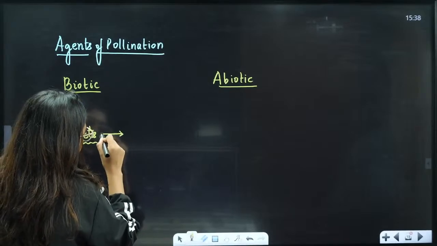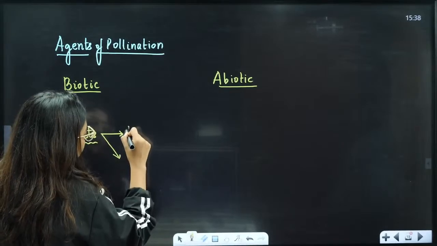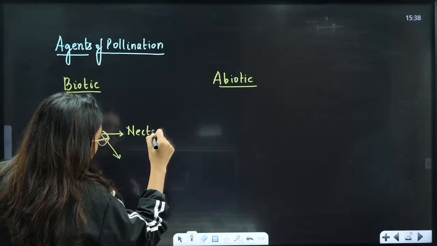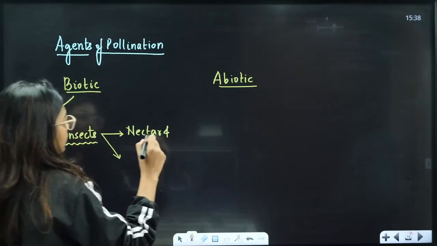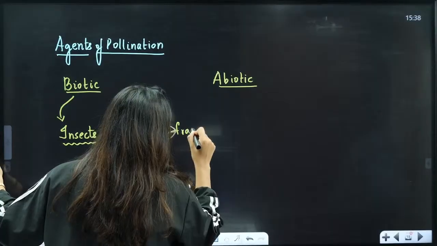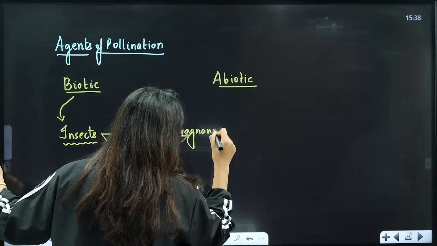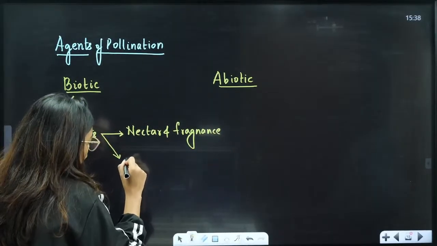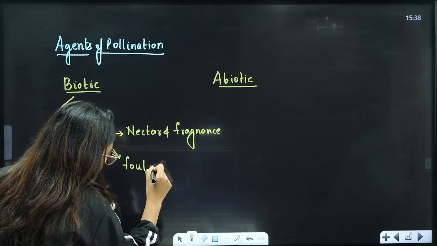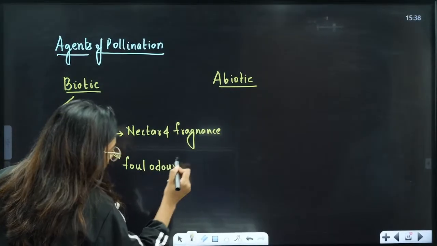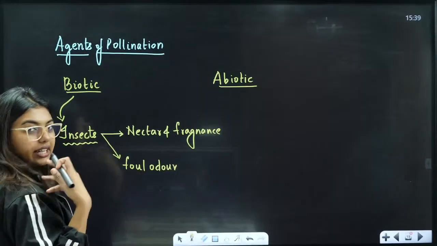Within that you have 2 categories. One comes for nectar and fragrance, like good fragrance. Okay, one more will come for foul odor. Foul odor means something dead. Okay, a dead kind of smell will come.